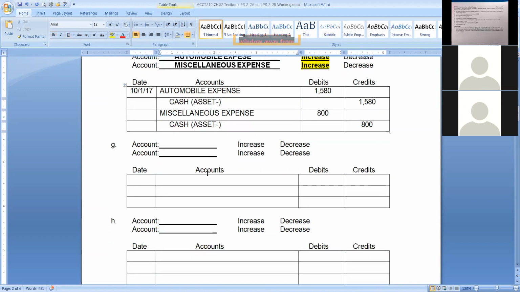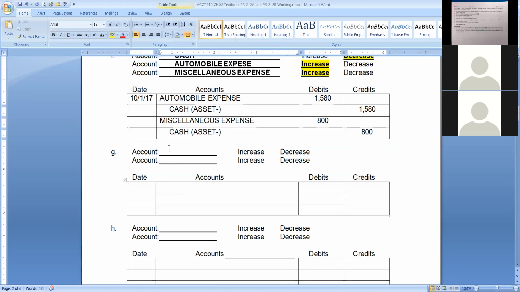All right. G, paid office salaries, 3,500. What accounts for G? Cash and office salaries expense. Yep.